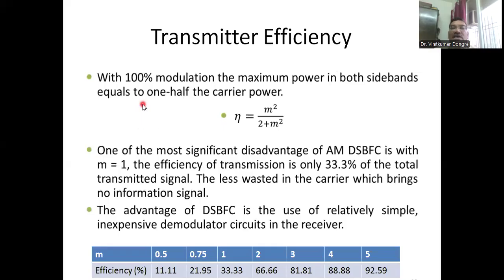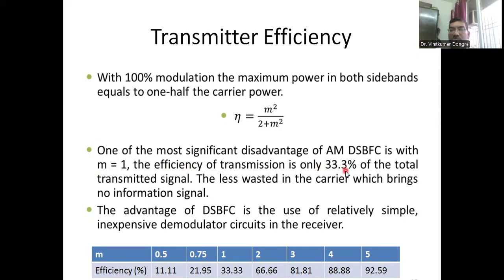Here, with 100% modulation index, the power in both the sidebands equals 1/2 of the carrier power. If I put 1, then 1 square is 1, and 2 plus 1 square is 3. So 1 by 3 is 33.33%. If I have a modulation index of 1, then my transmission power efficiency is 33%.